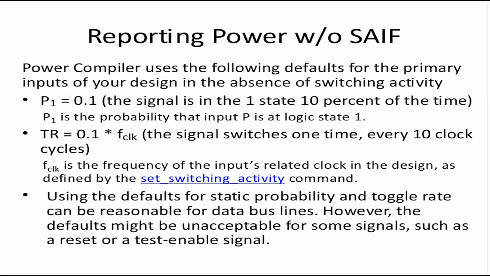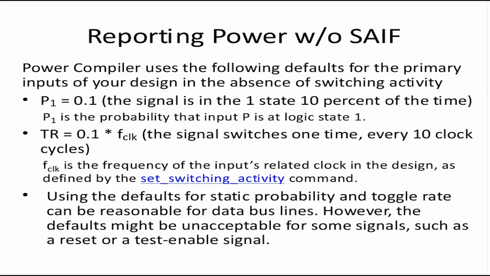So using the defaults for static probability and toggle rate can be reasonable for a data bus, but it might be unacceptable for some other signals like reset or a test enable signal. A signal like reset will not toggle very frequently. It will toggle once or twice during the reset sequence, and later it will be stable and deactivated.